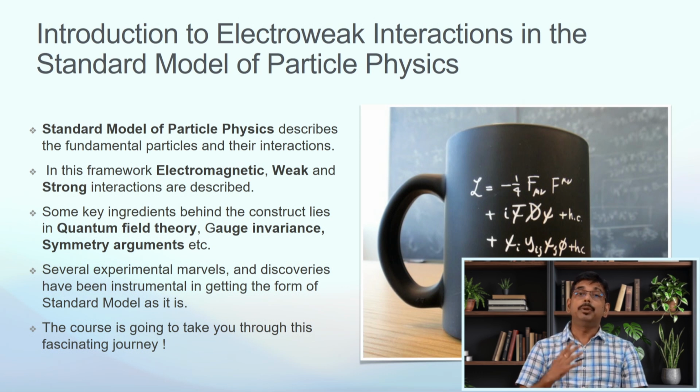And how you can compute the cross sections and decay widths of those processes using Feynman diagrams is something that we are going to do in quite some detail. Apart from that, the flavor physics aspects, and how the fundamental particles acquire their masses through the Higgs mechanism, are something that we are also going to talk about.